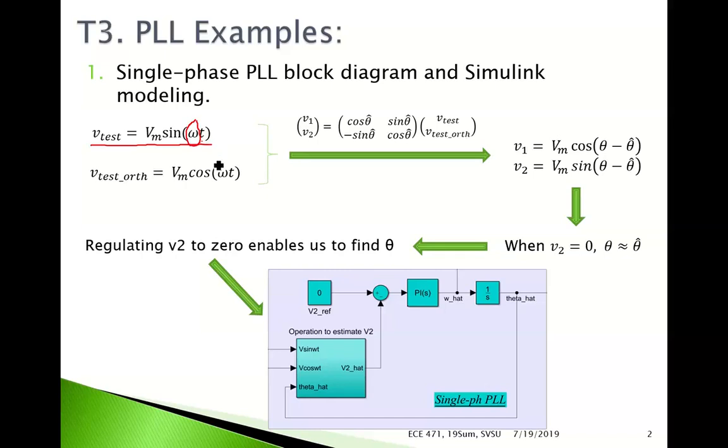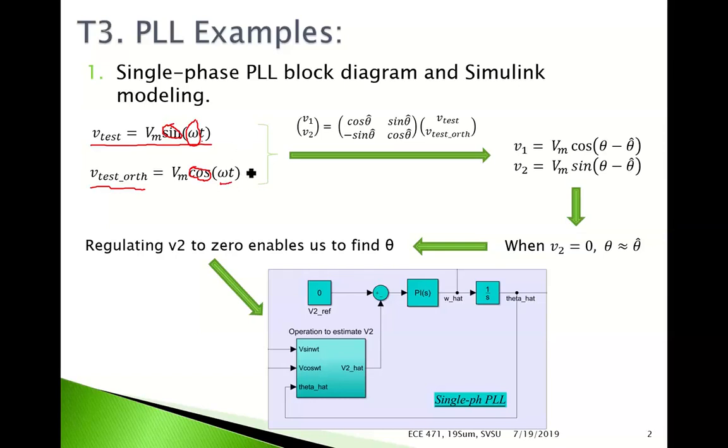We are trying to estimate or track the position and angular frequency omega here. So first of all we need to introduce an orthogonal signal of this tested signal. The orthogonal signal of a sine is cosine. Therefore we have Vm, same magnitude, times cosine omega t, same angular frequency.